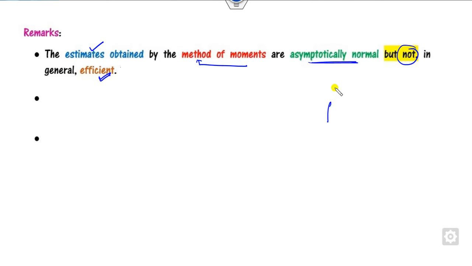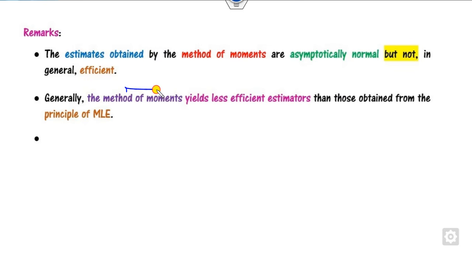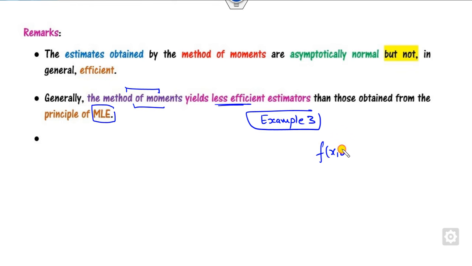Also, if you are trying to solve any problem with the help of the method of moments as well as the MLE, then the method of moments is less efficient than the MLE. We will see this in this video, example number 3. What is the meaning of that? If you have some distribution, you solve this problem with the method of moments, and you solve this problem with the MLE, then whatever answer you obtain from here is less efficient than this MLE.